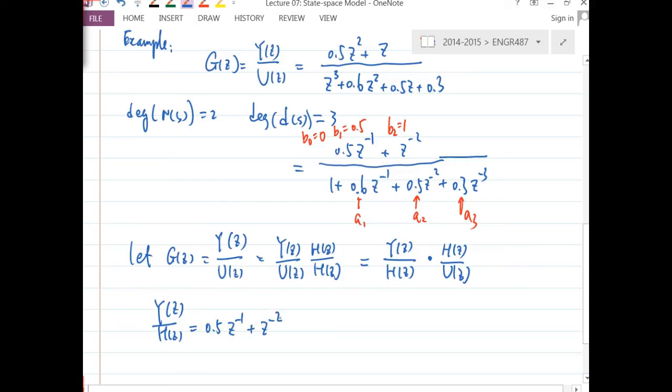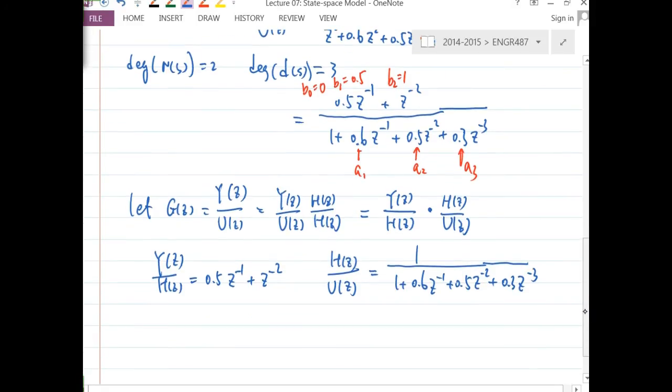And this h of z over the u of z, I'll define as this 1 over the denominator. So basically this way, once you multiply these two together, there's no change, right? That's the manipulation here.